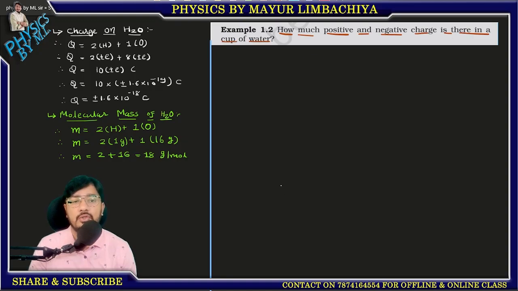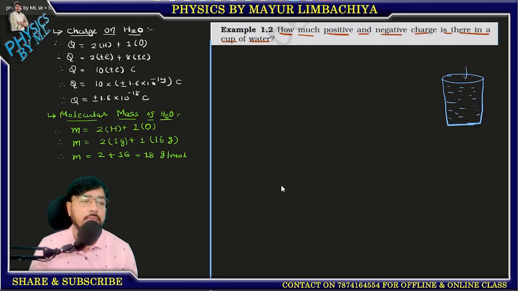cup of water. So let me draw a cup of water. Suppose this is the cup of water and there is water inside this cup. To calculate how much positive and negative charge is present inside that cup of water, first we have to assume the mass of the water.